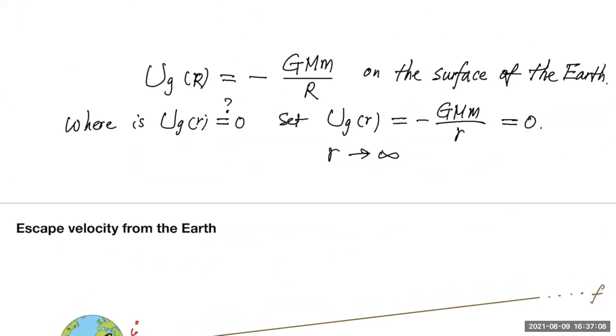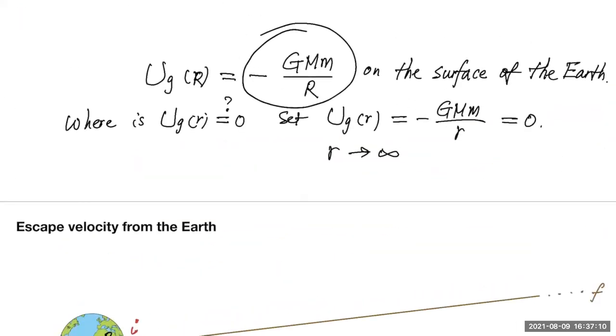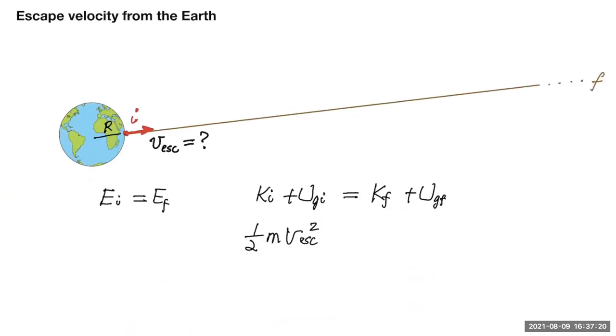Well, if we think of the 0 point of potential energy at infinity, it equals negative G times the mass of the Earth times the mass of the object divided by the radius of the Earth. So minus G, mass of the Earth, mass of the object over R. What is that equal to? K final plus U final.